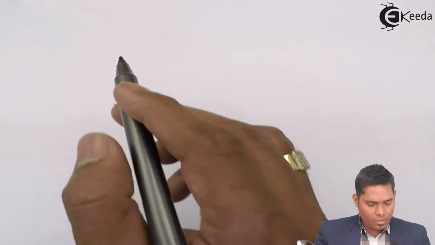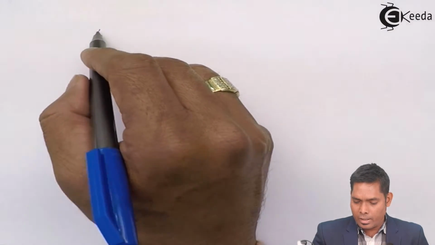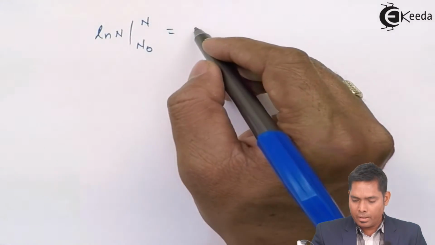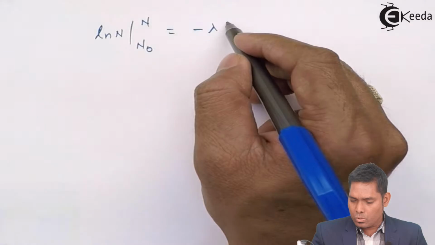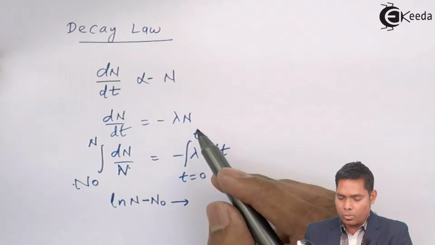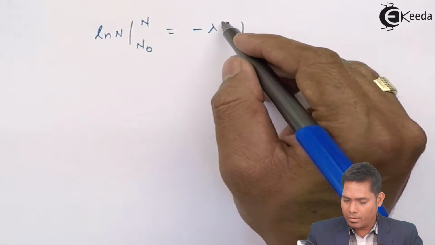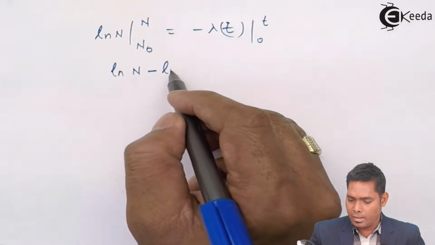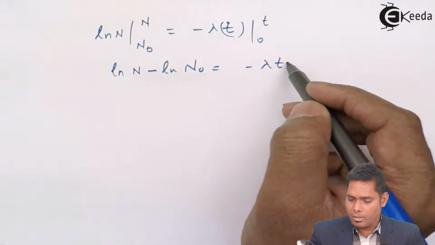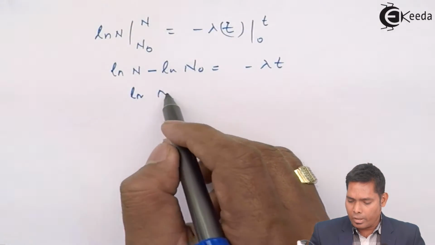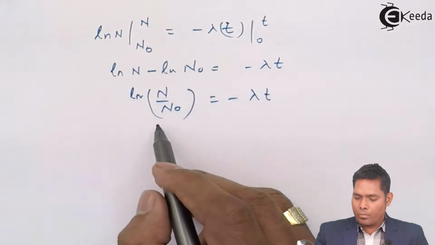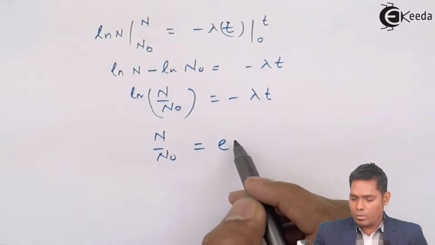Here dn over n integrates to ln, with limits from n0 to n, and on the right is minus lambda into the integral of dt, which is t, varying from 0 to t. So ln n minus ln n0 equals minus lambda t. From here ln of n over n0 equals minus lambda t. From here n over n0 is e to the minus lambda t.